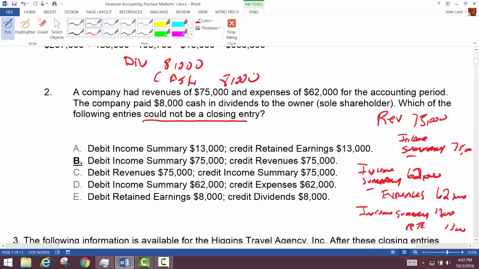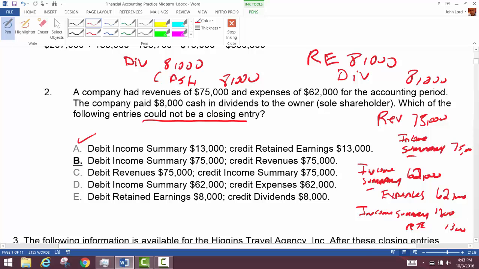Okay, but then at the end of the year, if I want to close the dividend account, I have to close it each year, don't I? Yeah. I'm going to debit retained earnings 8,000 and credit the dividend account to close that out for 8,000. And so now we go through these journal entries. Did we debit income summary, credit retained earnings?